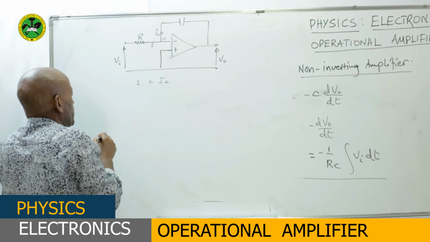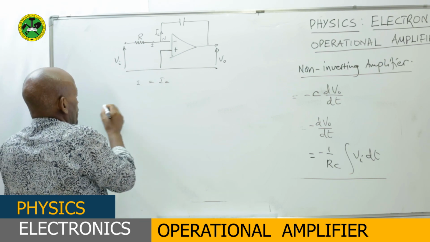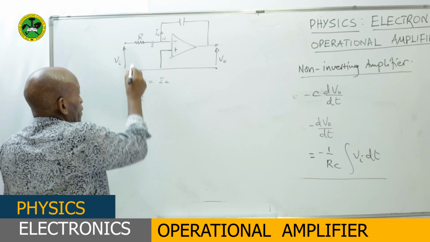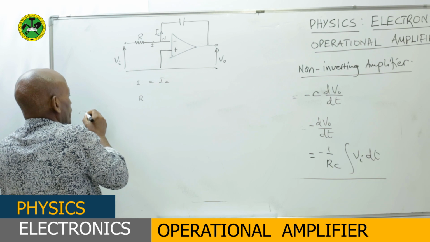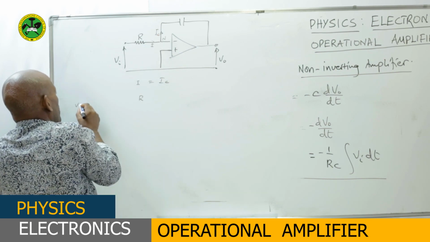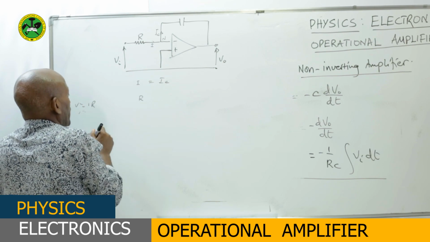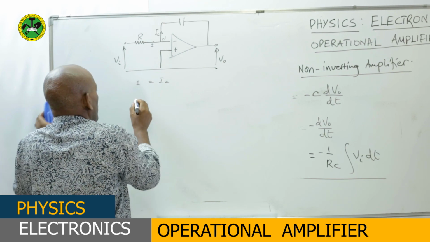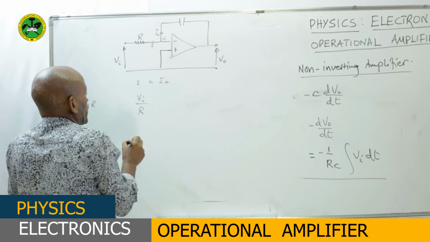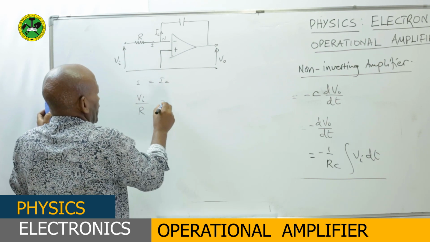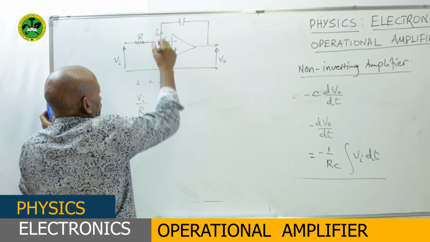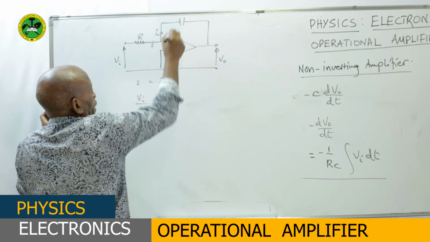So from Ohm's law, the current which goes to this particular point will be equal to the input voltage over that particular resistance R. And the whole of this will be equal to the current which goes to the capacitor.